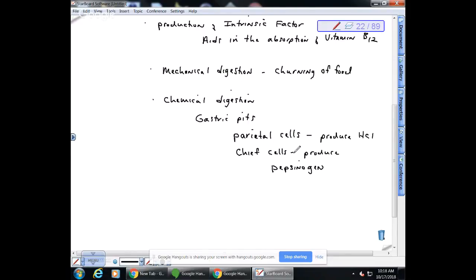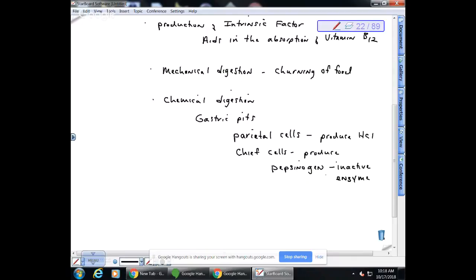So it's really important when we think about digestion that we realize chemical digestion could also occur in the digestive tract. So we have to have a mechanism by which enzymes are only activated once they get into the lumen. So pepsinogen is an inactive enzyme that is secreted to protect the lining of the actual cells from self-digestion.